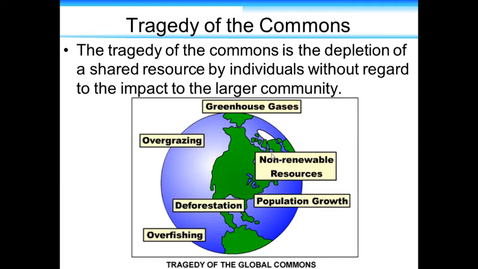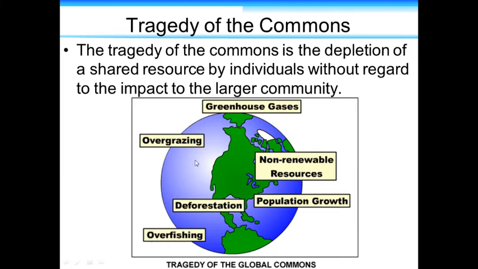Then if there are no consequences to overuse or abuse, it unfortunately becomes overused and abused by everyone. So if there's a shared resource like the ozone layer, well, perhaps overfishing is a better example.